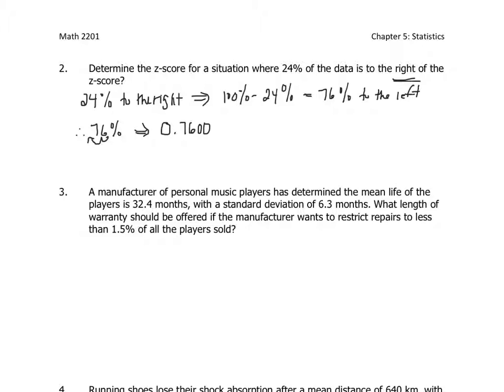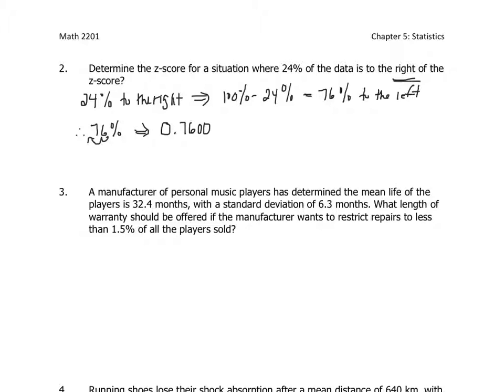And I'm over in the positive z-score values now, and I'm looking at the row with 0.7 in it, and the closest thing there seems to be 0.7611 maybe.